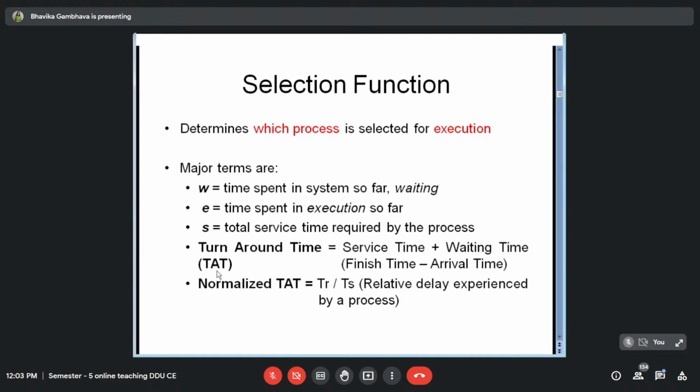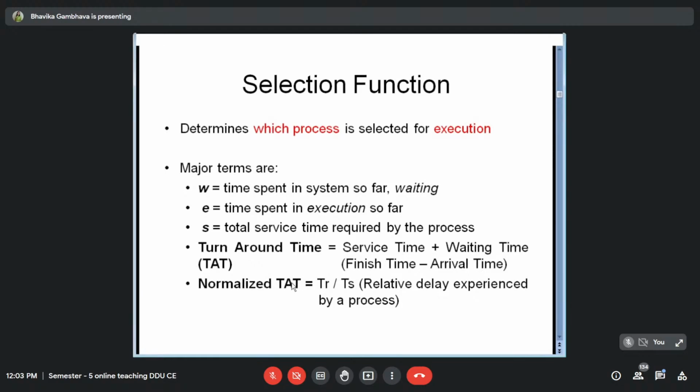Just turnaround time will give you idea from one process perspective. But if we are going for normalized turnaround time, then how that is experienced, what is the relative delay experienced by a process? And if you find that for multiple process, you will also come to know about something else that we will examine in one of the examples today itself.